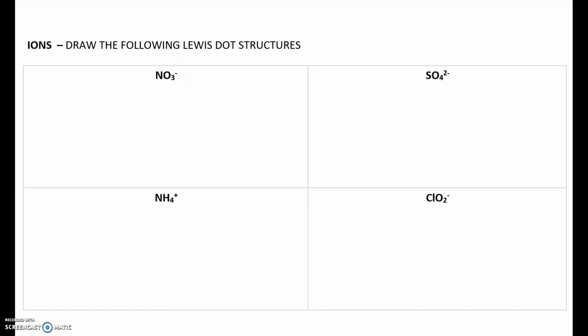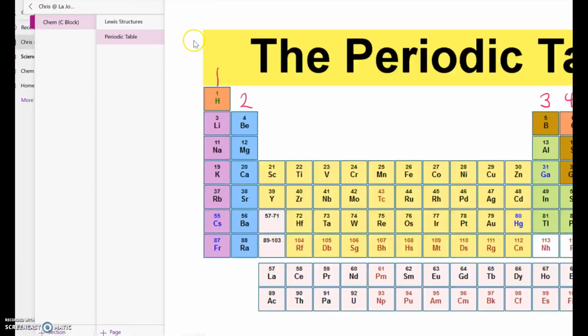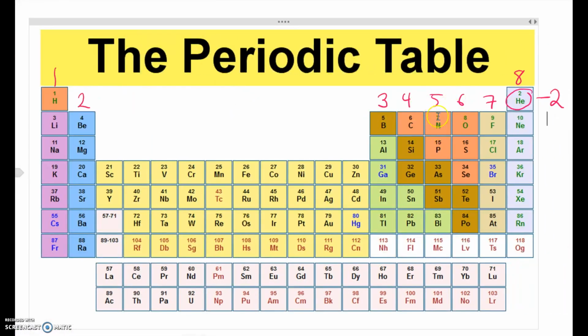So for NO3-, to do the inventory of how many valence electrons we get, we do it as normal. So we have a nitrogen and 3 oxygens. So let's figure out how many each of those get. Nitrogen's going to have 5, and each oxygen gets 6.